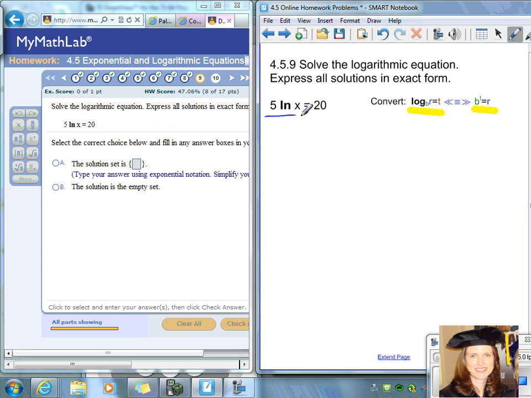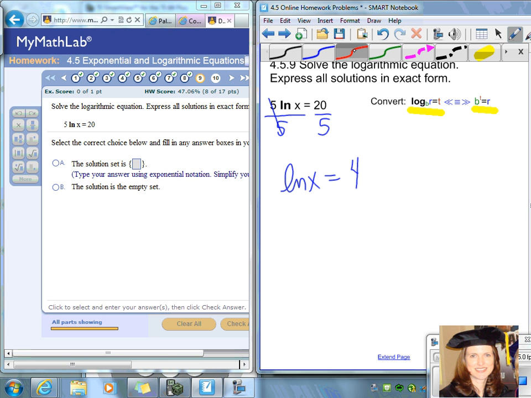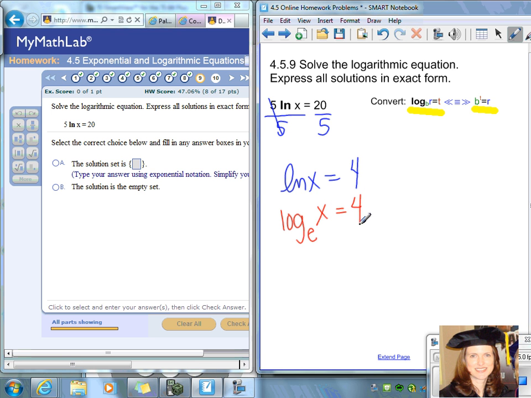So I want to divide both sides by 5. And I get the natural log of x, as these divide out, is equal to 20 divided by 5, which is 4. This is a logarithmic equation. It's the natural log. This is the same thing as saying log base e of x equals 4.